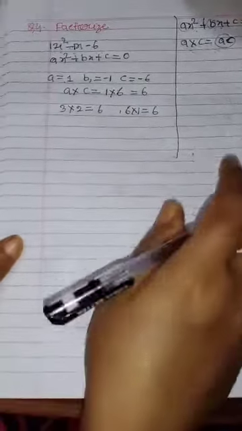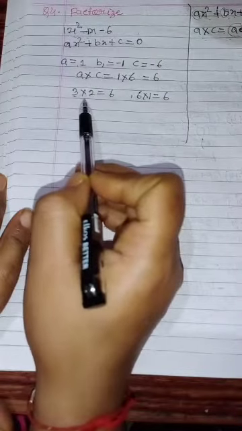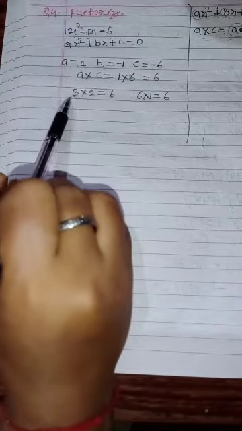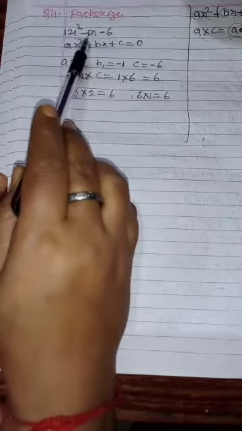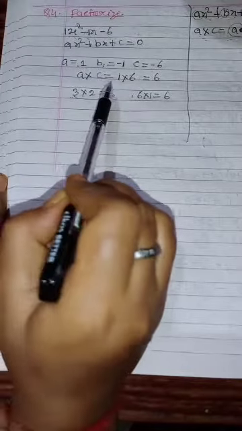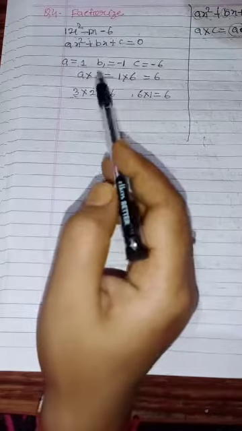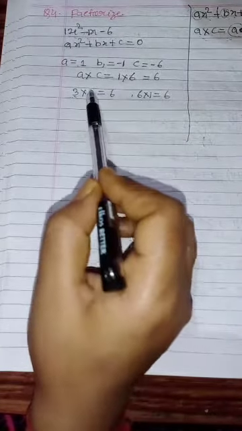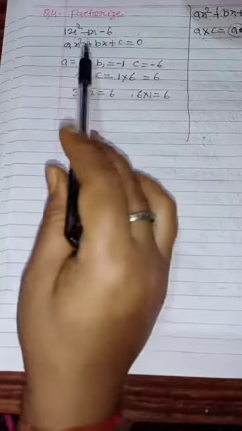Afterwards you will select the factors by adding or subtracting them, to see whether you are able to get the middle term. Here 3 twos are 6, and you will select the factors of a into c in such a way that if you add or subtract them, you get the middle term.